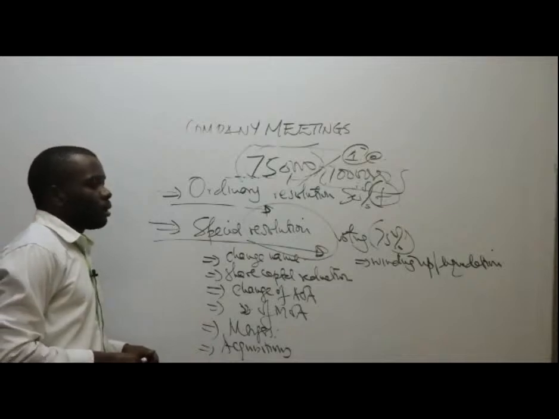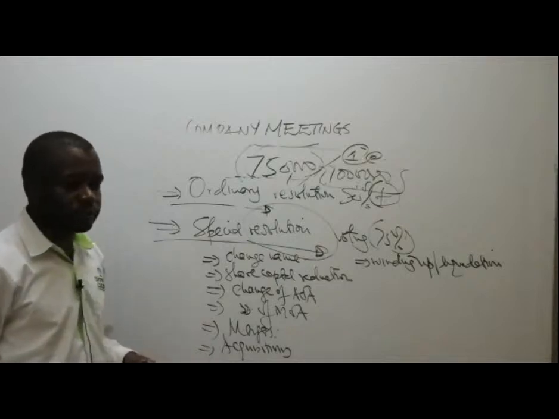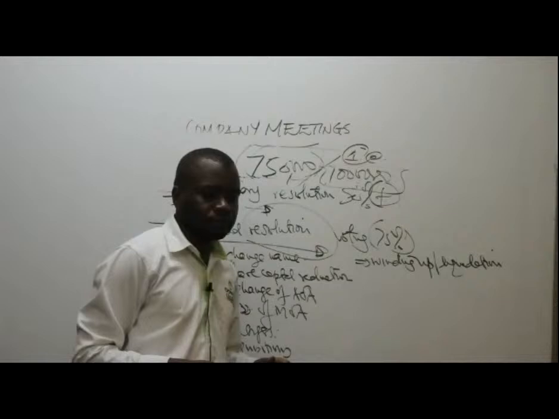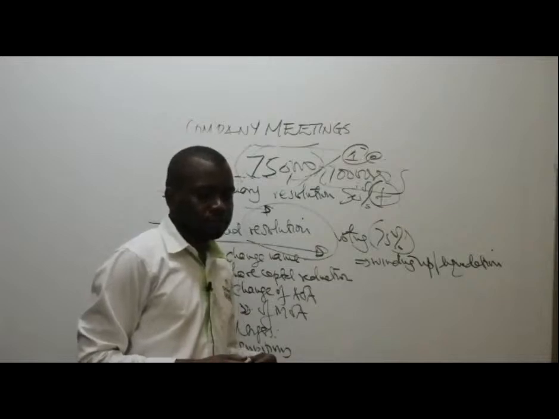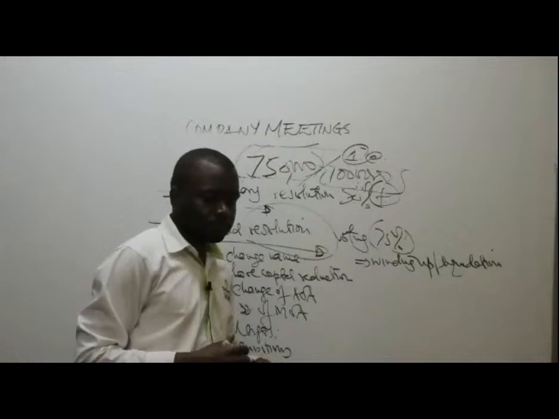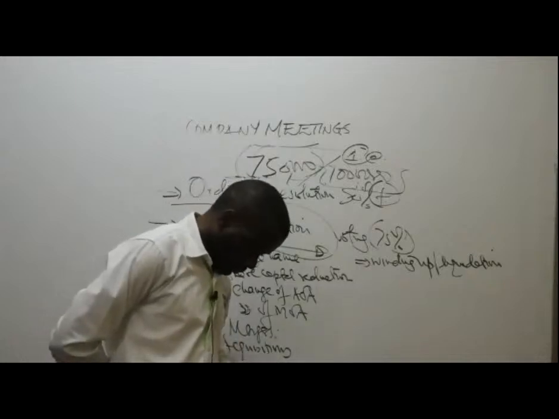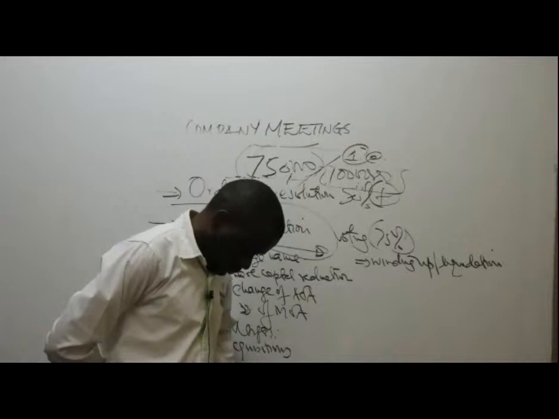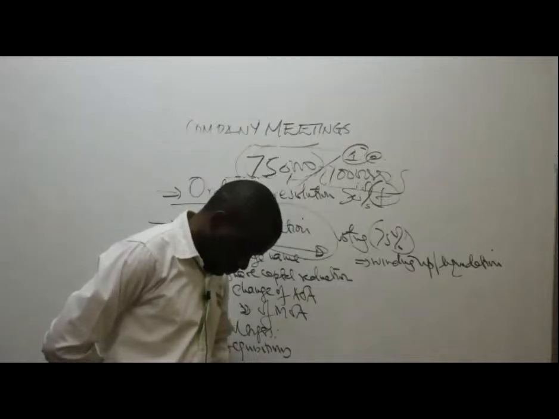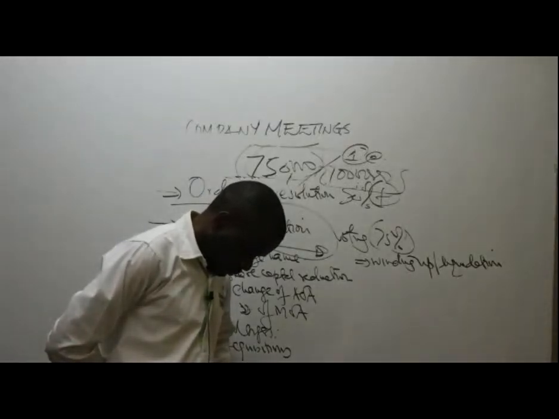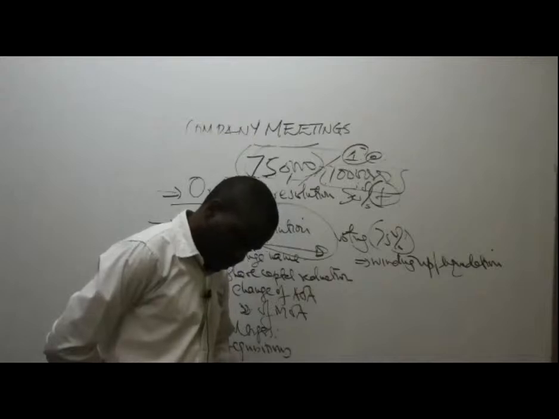I have a question too. Yes, you can ask. Under the special resolution, the requirements or circumstances under which a special resolution can take place. There's a question in the past papers last year: explain 7 requirements necessary for the passing of a special resolution.